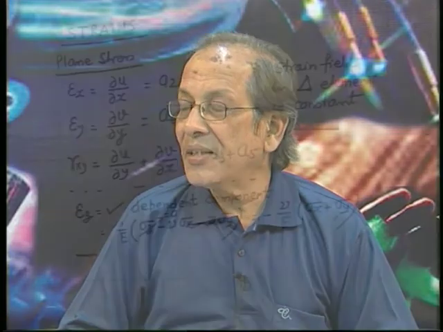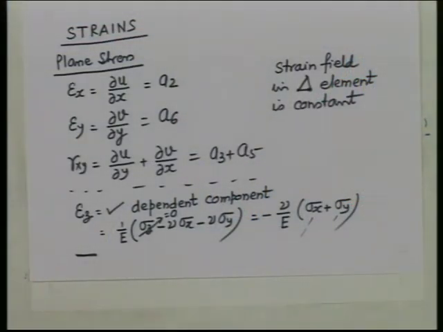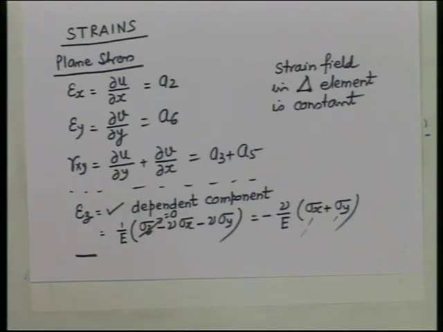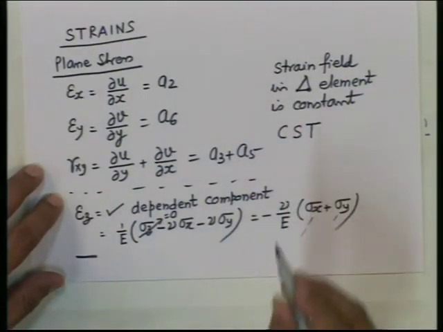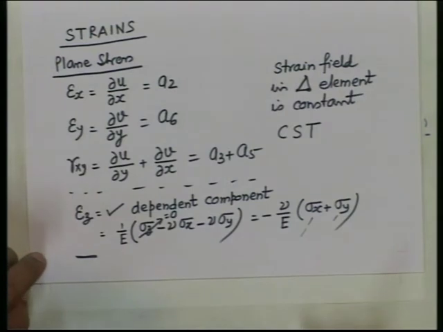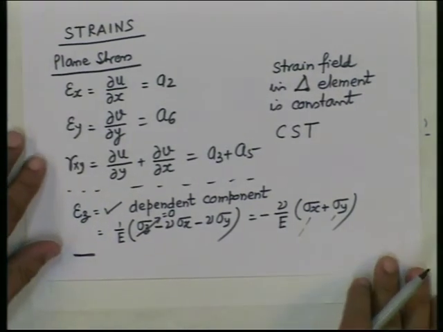This is the reason this is the simplest element. The entire strain field is constant. It is called the constant strain triangle. This element is named CST, CST, Chhatrapati Shivaji Terminus. Okay.